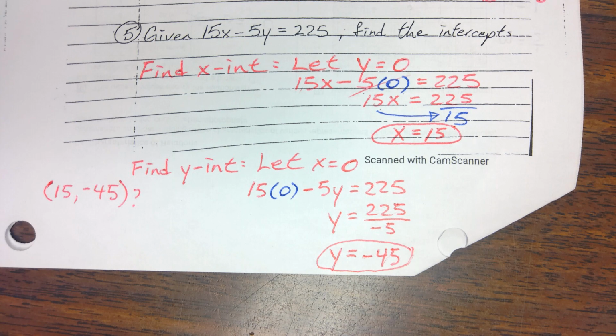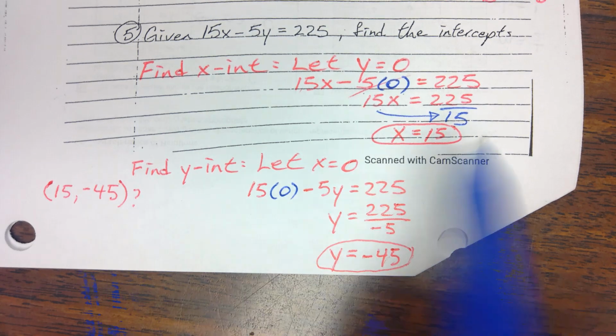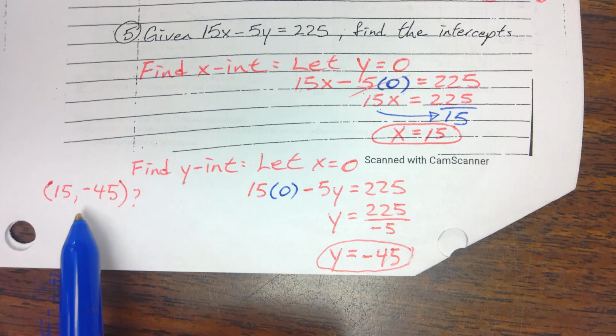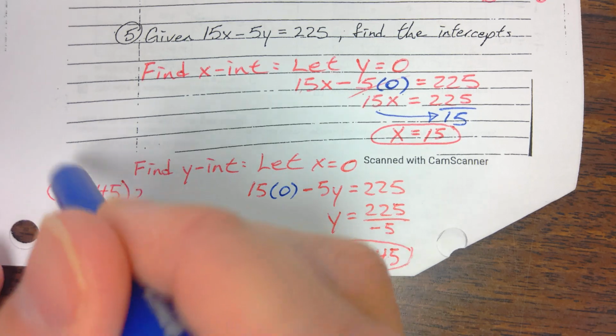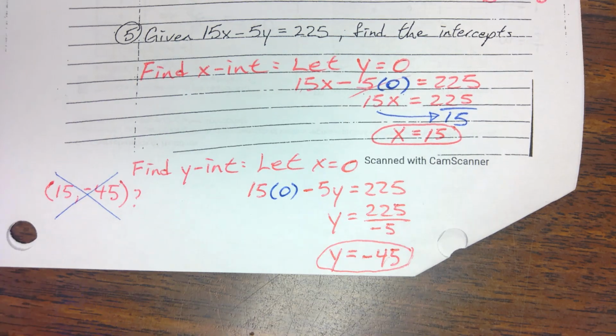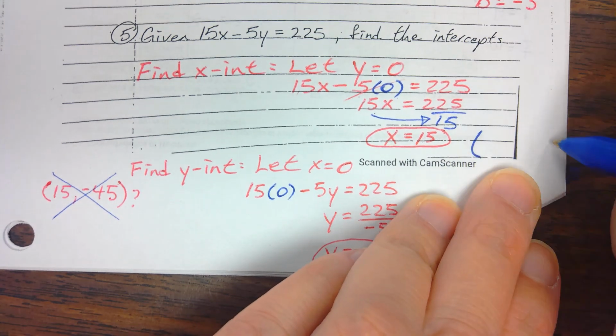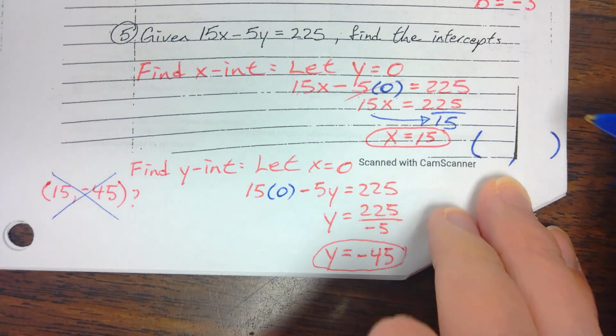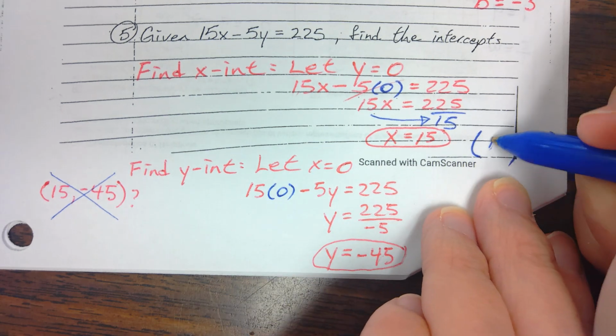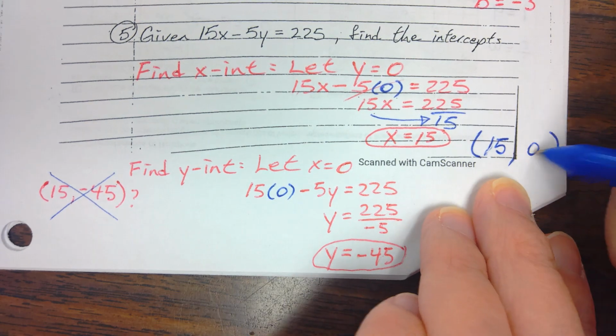Yes, no? What were we looking for again? The intercepts. So I have 2 intercepts. Why am I having 1 point? So no, I don't combine them. What is the coordinate of this intercept? Right, 15 and 0. And what about this point?